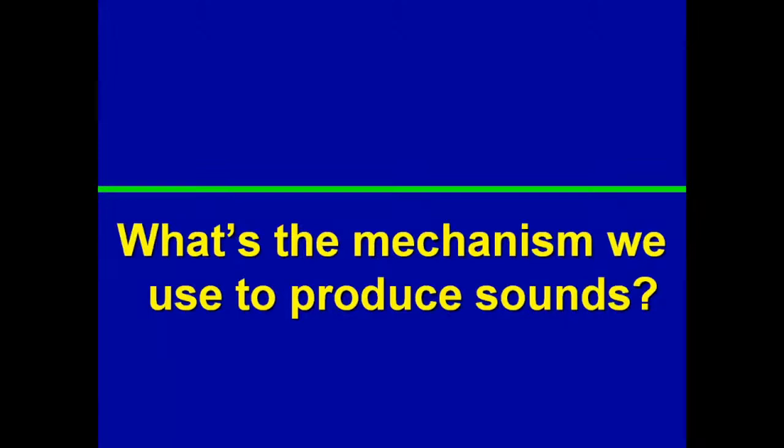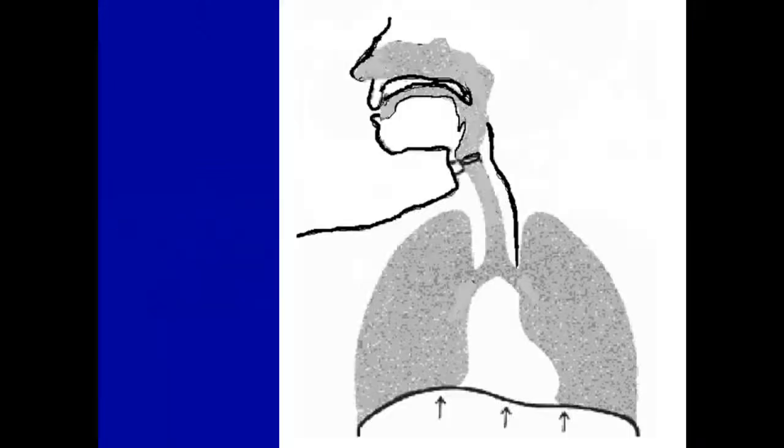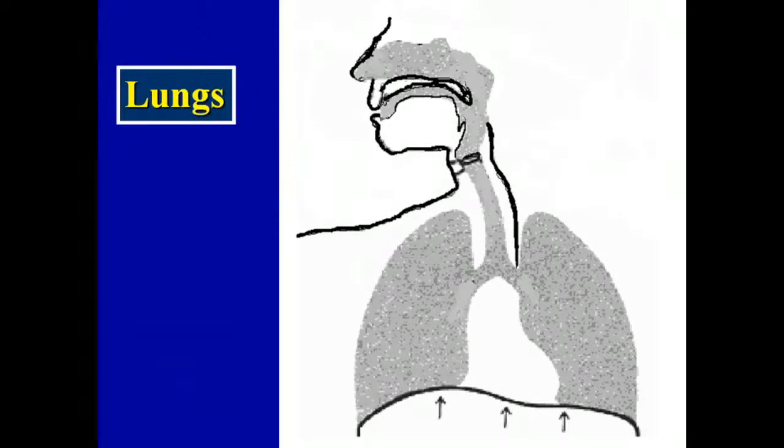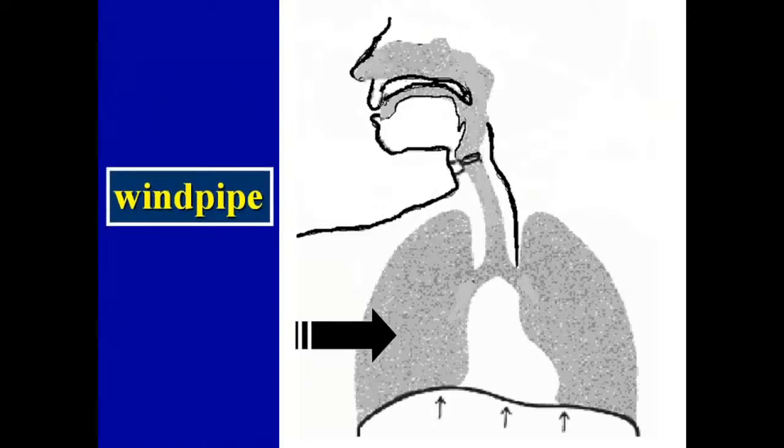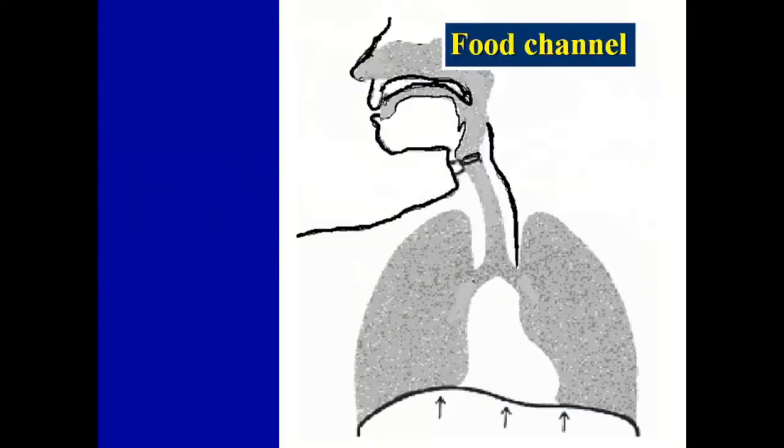Now, what's the mechanism we use to produce sounds? Of course, here we begin with different speech organs that are necessary in the production of different speech sounds. We begin first of all with the lungs. You see them here, and we have the windpipe. The arrow is pointing to the windpipe, and of course we have the food channel.